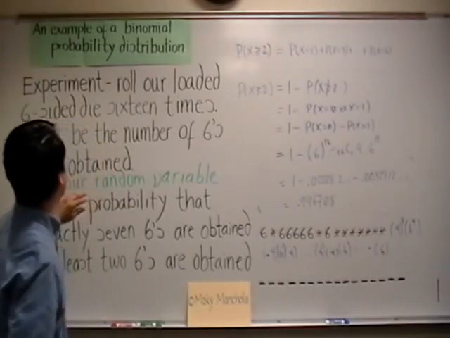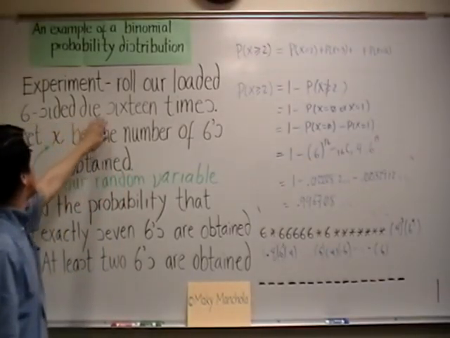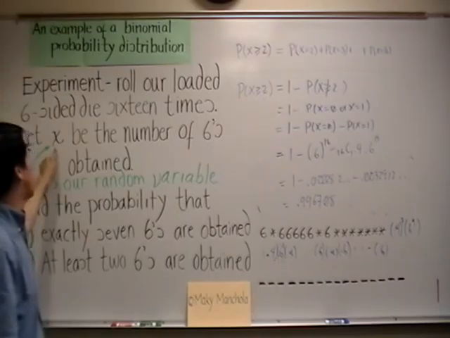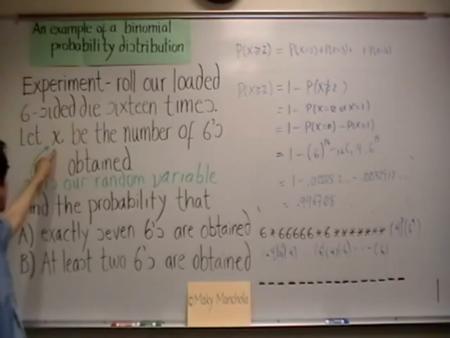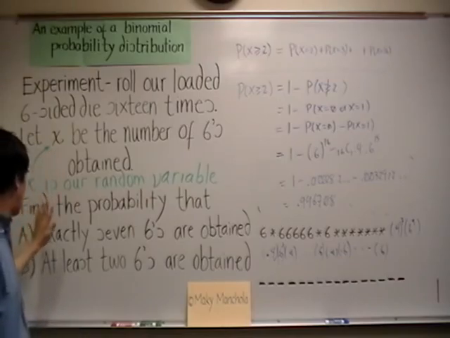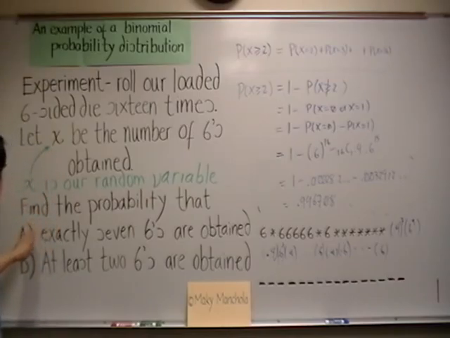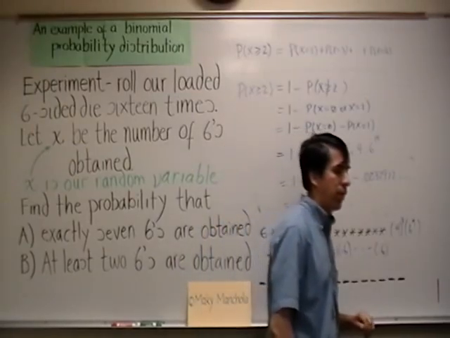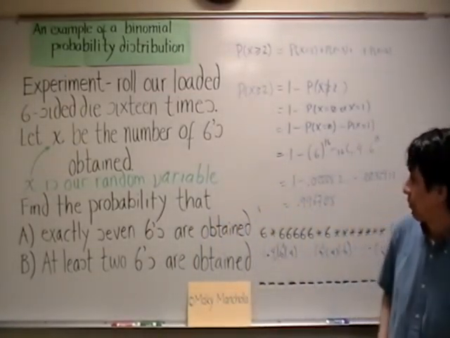So the example was the following. You would take the loaded die and roll it 16 times, and then let the random variable X be the number of sixes obtained. The question was, find the probability that A, you get exactly 7 sixes, and B, that you get at least 2 sixes.